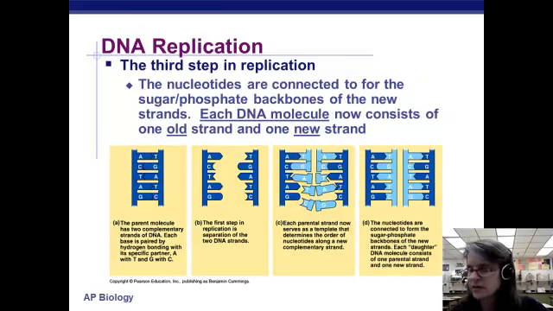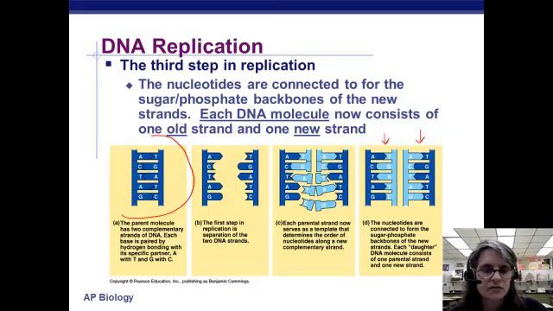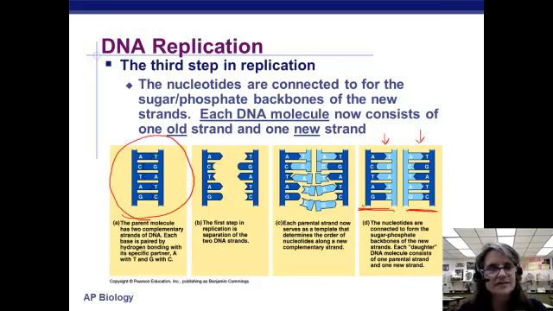In the end, you have two brand new DNA molecules that are absolutely identical to the one we started with. Then we can give this one to one daughter cell and this one to the other. That is the basic idea of DNA replication.